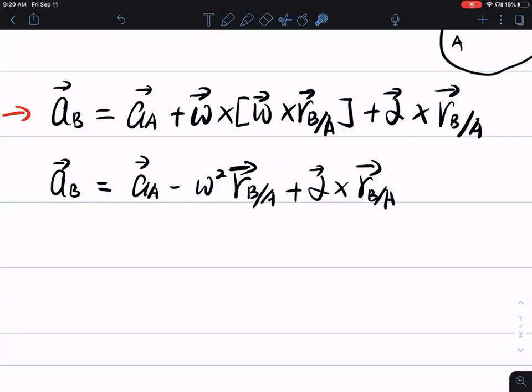Here's a question. AA and AB, they're both called acceleration, and this alpha is also called angular acceleration. Wait, what's the difference between alpha and A?